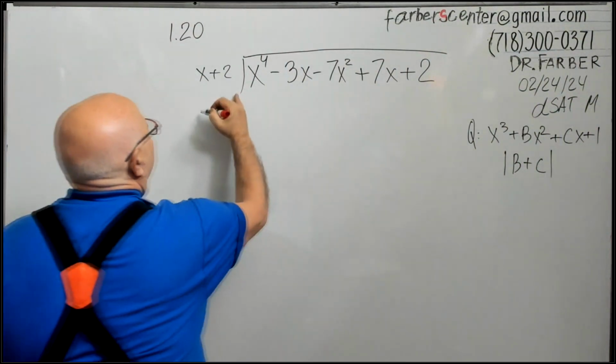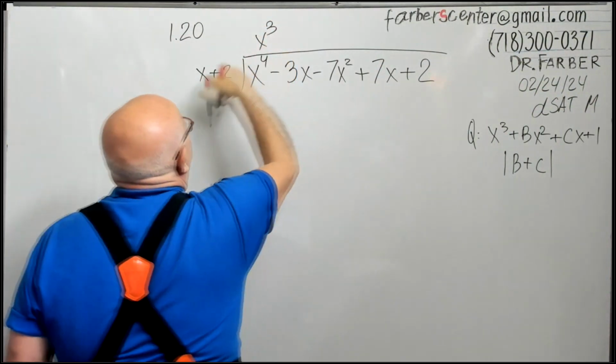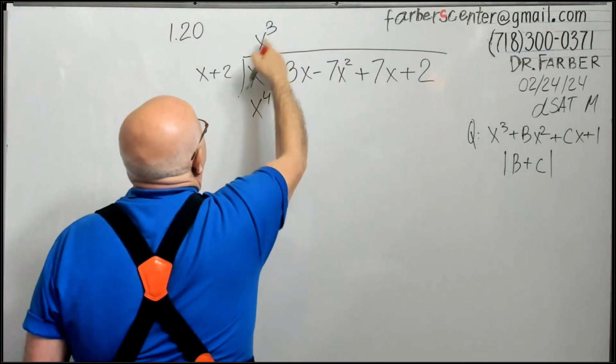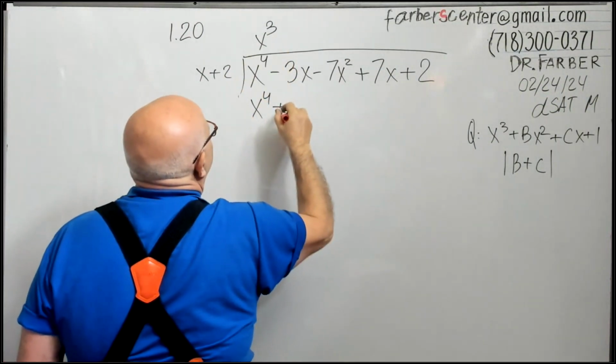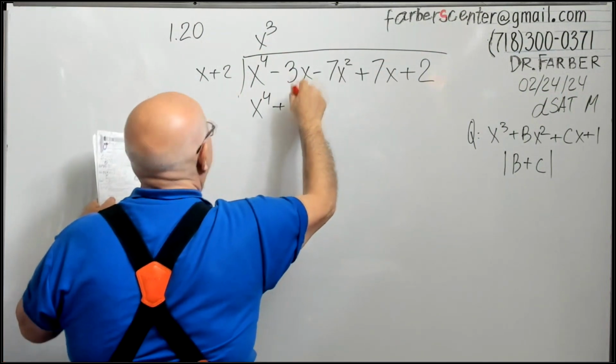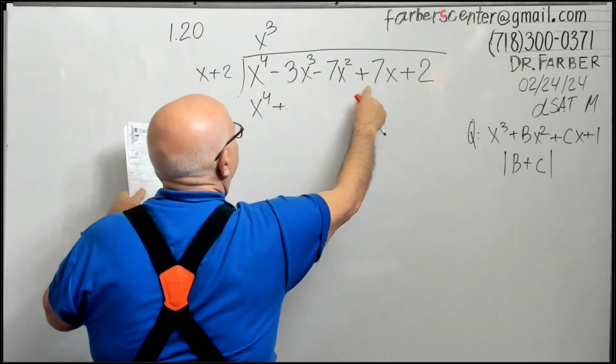So first of all, x cubed. X cubed times x, x to the fourth. X cubed times 2 plus 2. It was 3x, so what is it? I want to be sure. This was 3x cubed. I want to check that I wrote everything correctly. Yes, now it's correct.